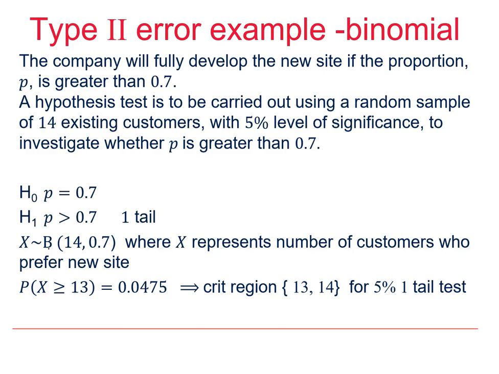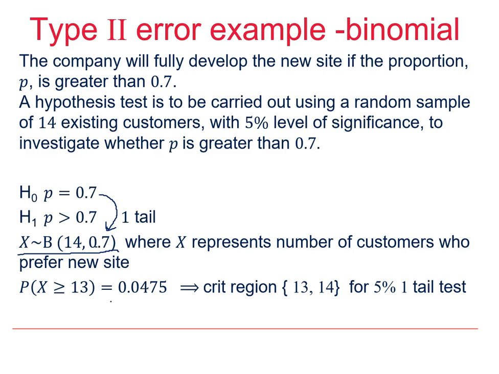Our model obviously is binomial, so X is the number of customers preferring the new site, and that would be modelled by a binomial distribution where n is 14 and p is 0.7. So in this case we're just looking at this initial test, so we'd assume 0.7 is the correct value.